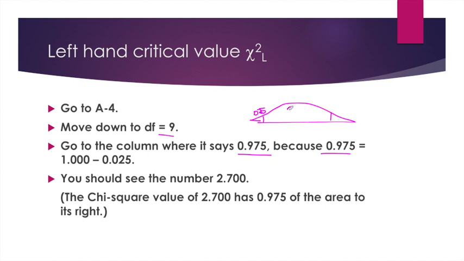And if we want the 95% confidence interval, we add these together and know that this marks 0.95. This whole area over here would be 0.975. Okay? So if we go to 0.975, you're going to see a value of 2.7. And this has the area of 0.975 to the right. So it's actually over here.